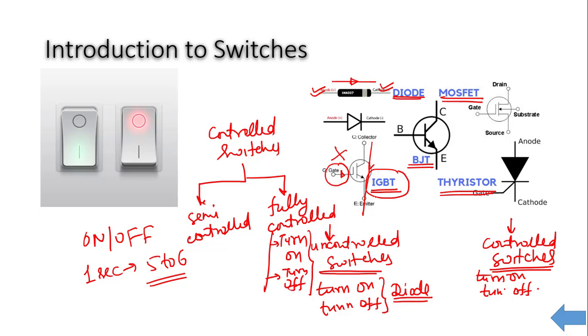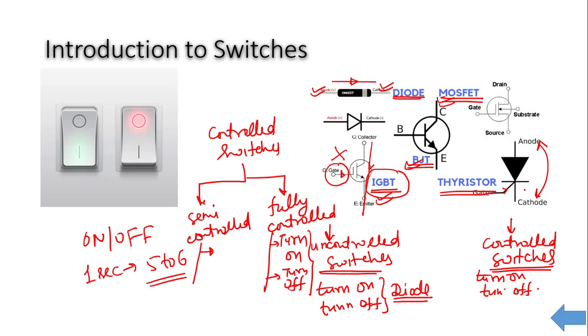For example, IGBT, BJT, and MOSFET are fully controlled switches, whereas the thyristor falls in the category of semi-controlled, because a thyristor will turn on once you provide a gate current at a relatively low voltage between anode and cathode. But if you remove the gate current once the thyristor is turned on, it cannot be turned off.